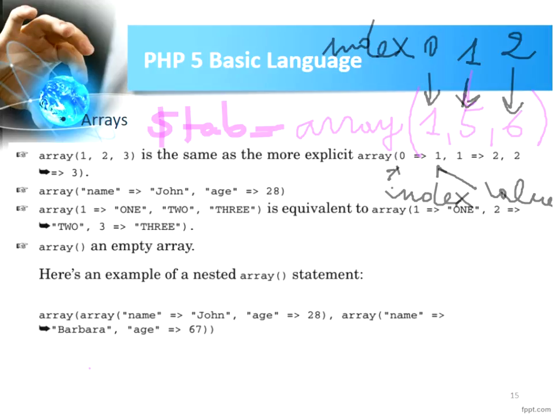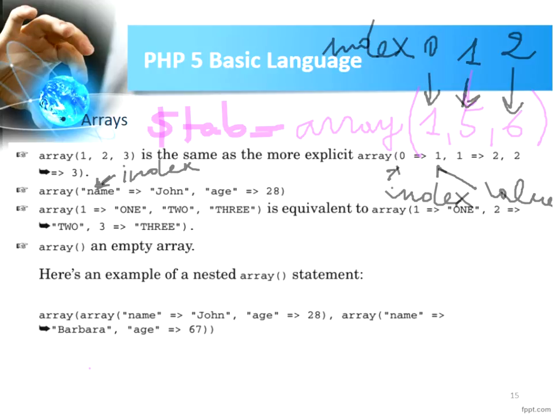It is clear? So if I write array 1, 2, 3, it is the same as the more explicit array, 0 implies 1, 1 implies 2, 2 implies 3.